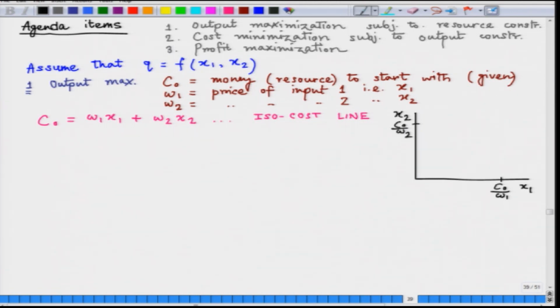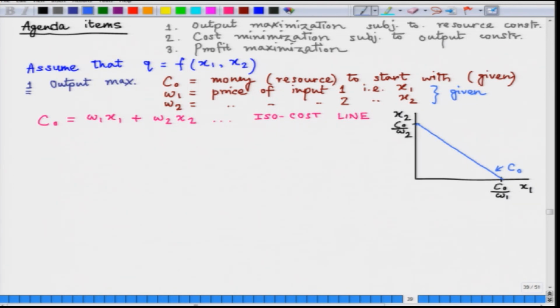Now, of course, we can join these two extreme points, and as we assume that these input prices are also given, means they are constant, we get a straight line, and this is basically the diagrammatic representation of the ISO cost line. So, we can denote a particular ISO cost level as C naught in this case.